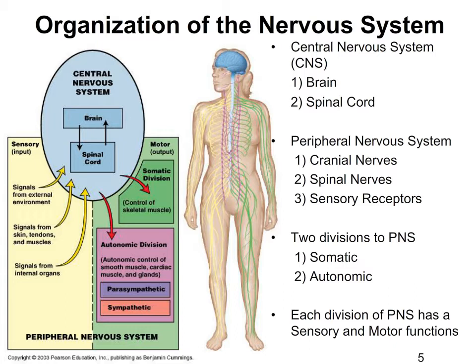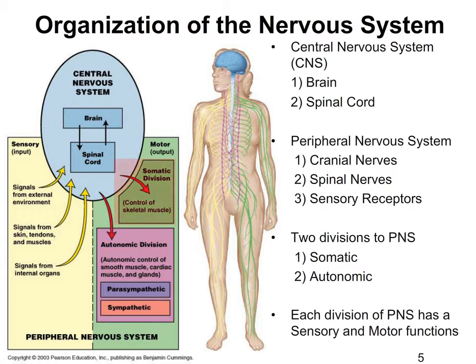On the other hand, the motor division of the peripheral nervous system is where the output comes from the central nervous system. That is, if we need to contract a skeletal muscle or have a gland secrete something, that will be the function of the motor division of the peripheral nervous system. And so the motor division here is actually subdivided into 2 different categories, the somatic nervous system and the autonomic nervous system.